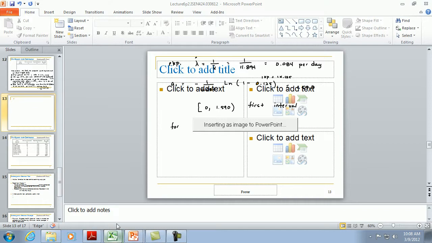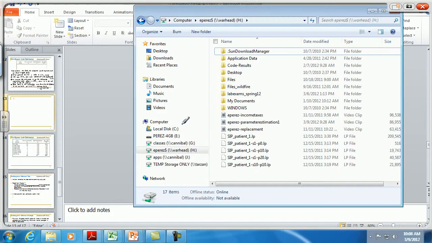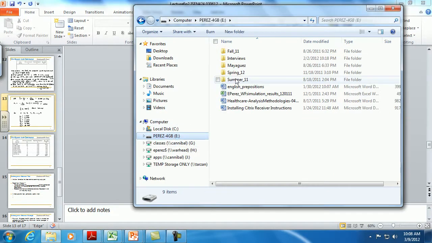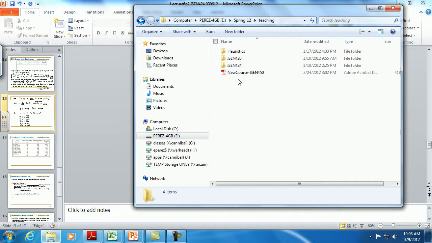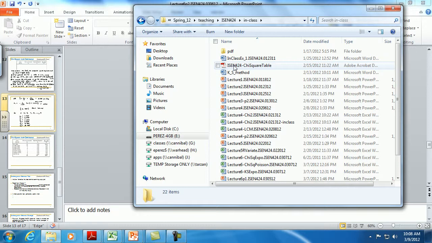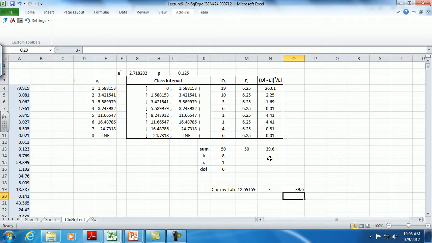So using this information, what we just did was to compute the first class interval, which is right here. And you can do the same process to compute the next class intervals. Once you have those class intervals, the procedure is the same.